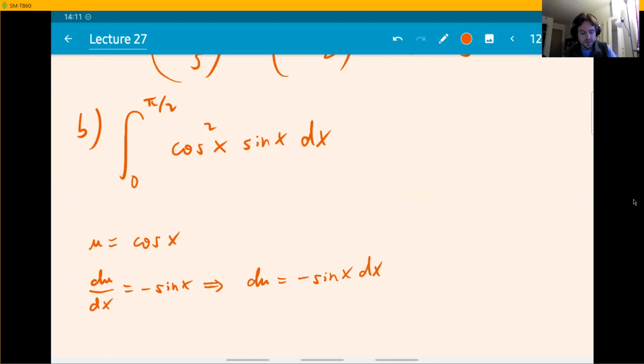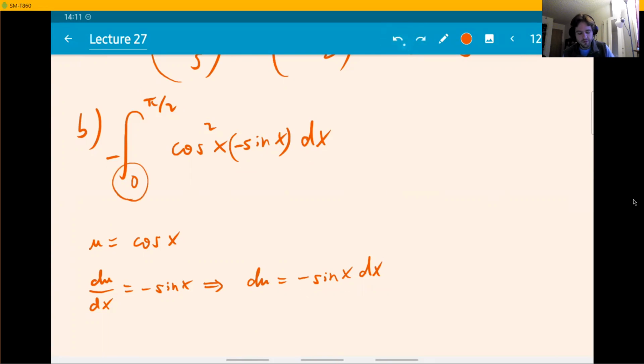And the integral itself, we're going to change that by introducing a minus in the sine term and then also another minus outside. That's still the same integral, but we do that because this minus sine times dx becomes du. But how do the endpoints change?